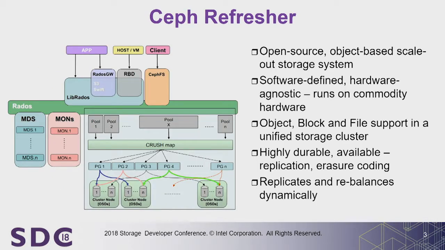So this is a very popular picture of the Ceph architecture. You can Google this everywhere, but it summarizes the benefits of Ceph being very successful as one of the default deployments in OpenStack architecture as a block service.